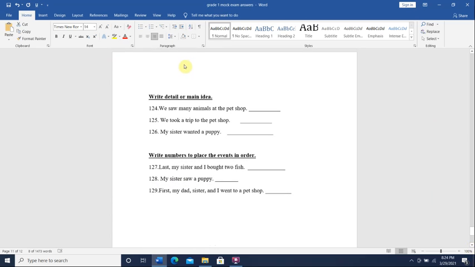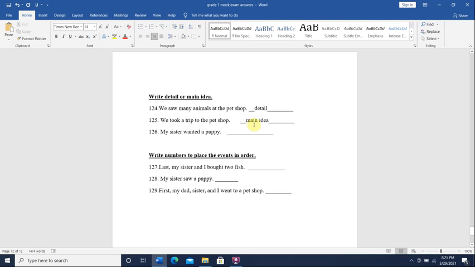Last, write main idea or detail. We saw many animals at the pet shop. Okay, we saw many animals at the pet shop. Is the whole idea about the animals? No, this is just a detail. We took a trip to the pet shop. Yes. So this paragraph is about our trip to the pet shop. That would be the main idea.